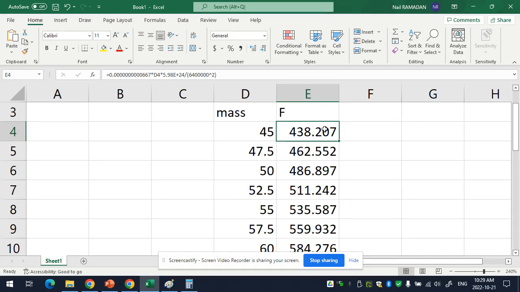So G times M1 times 5.98 E24. What is that? The mass of the Earth. And then divided by 6.4 times 10 to the 6, but squared. If you have a mass of 45 kilos, the force between you and the Earth right now should be how many newtons?